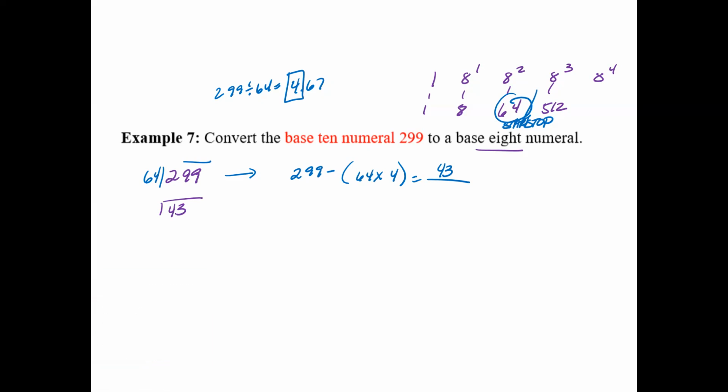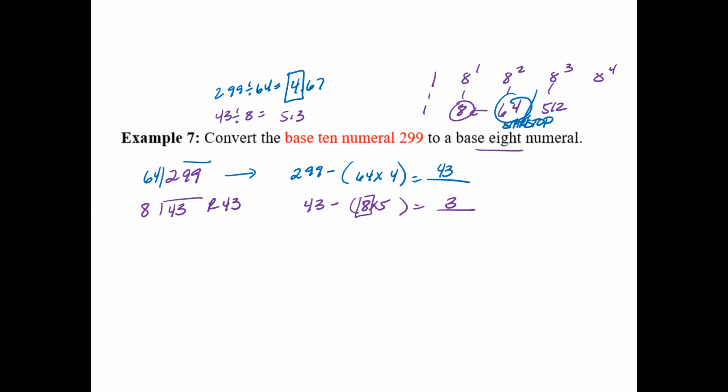What number is the next one? The next number is 8. So then I ask myself, 43 divided by 8 is going to give me 5.3. So I'm going to take 8 times 5, which is going to give me a remainder of 3.